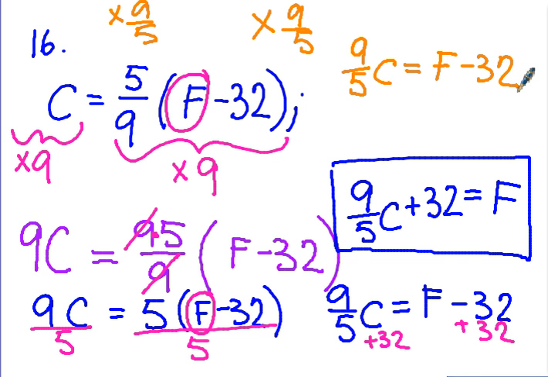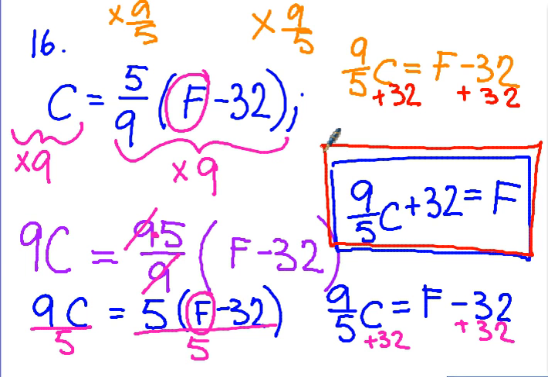And then this is the last step we need to do. Add 32, and we end up with the exactly same solution. So you can see there are many ways to get to the correct answer. I showed you 2 ways just so you can choose what is more comfortable for you.